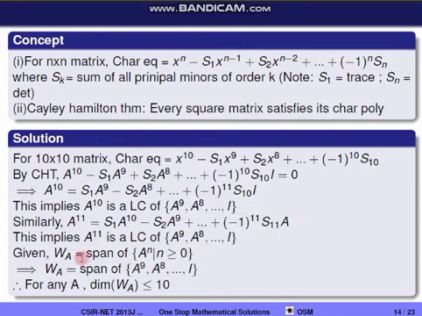That is, this is equal to span of A^1, A^2, etc. up to A^10, A^11, A^12, etc.